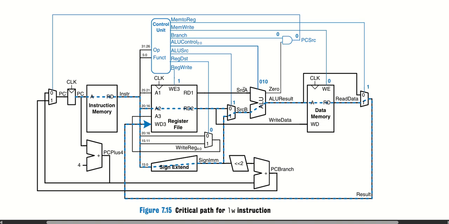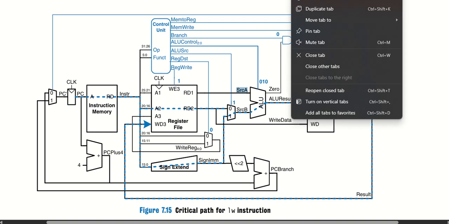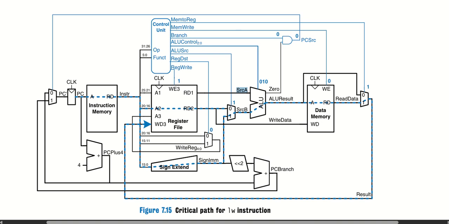Now the first source, which is the base address, will come from source A. I wish I could duplicate this so that we could see something else. That's basically the load word. You know that one of the operands will be taken from source A, another will be taken from source B.